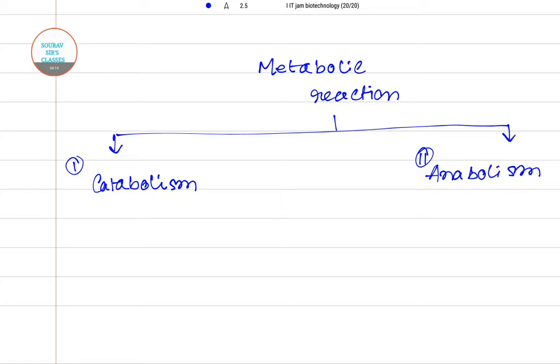Let me tell you what is the similarity of catabolism and anabolism. From a complex molecule, the only idea is to make simple biomolecules for the development, growth, and for other biochemical reactions.